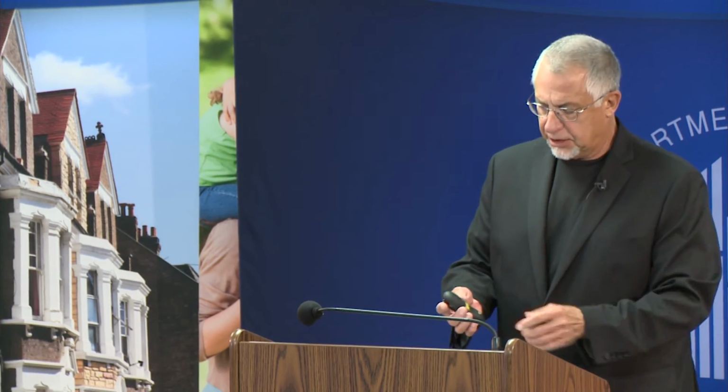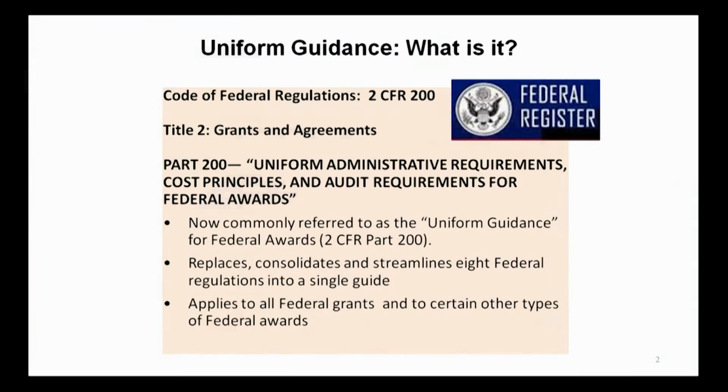Well, let's get started with just a description of what the uniform guidance is. The uniform guidance was established in the Federal Register under 2 CFR 200. The descriptive title of the document is Uniform Administrative Requirements, Cost Principles, and Audit Requirements for Federal Awards.